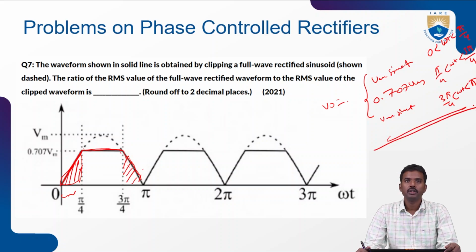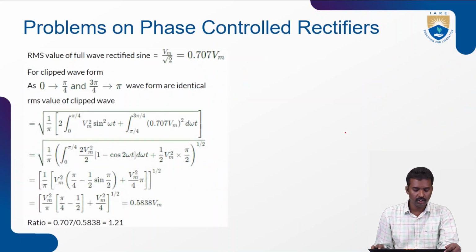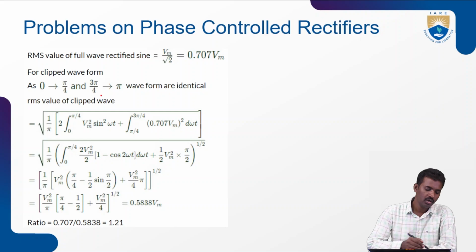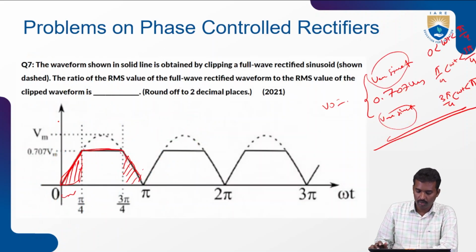This much, so if you calculate this much, no problem, multiply with 2. So now the RMS output voltage, with the clipped waveform, is multiplied with 2. If you calculate one part, you take only one and multiply with 2.